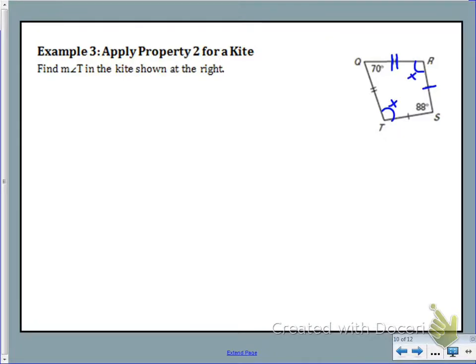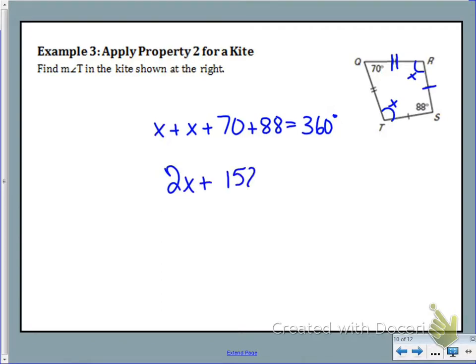So I can say that x plus x plus 70 plus 88 degrees will add to be 360 degrees, the sum of all of the interior angles of any quadrilateral. So when I simplify this, I'm going to find that 2x plus 158 is equal to 360.